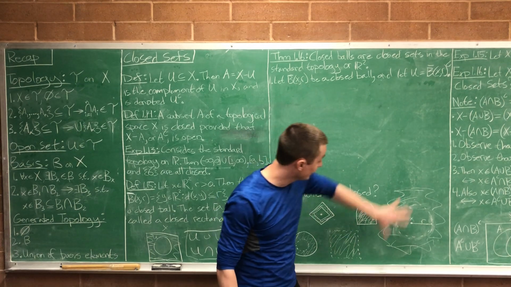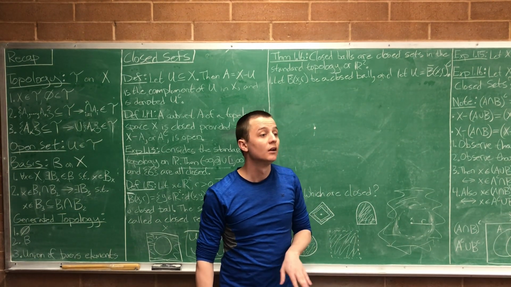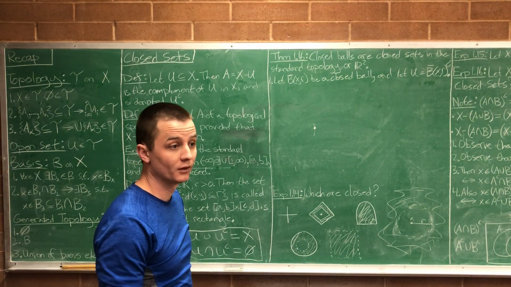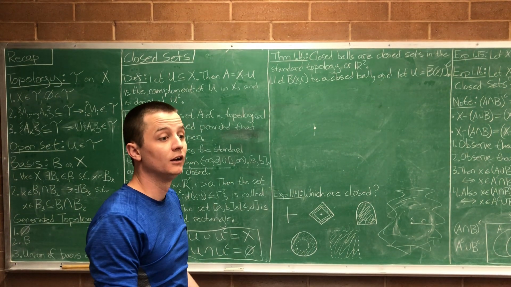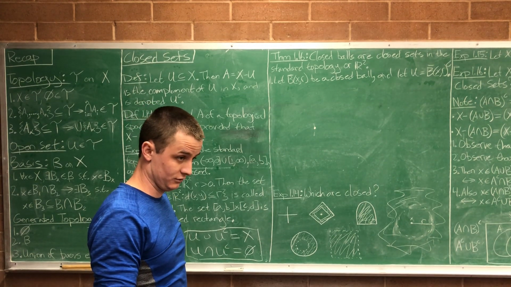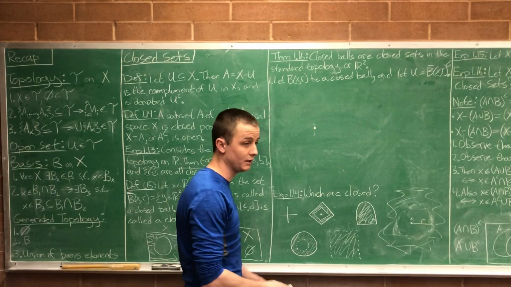So we're proving that this outer set is open. How do we prove that a set is open in the standard topology? Show that it's a union of other open sets. A union of open balls is the standard way to do it.